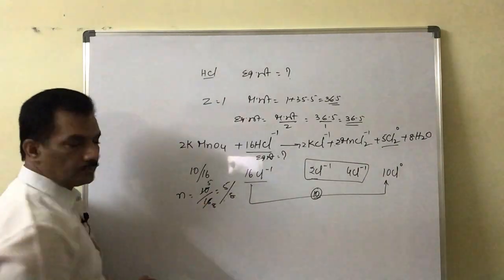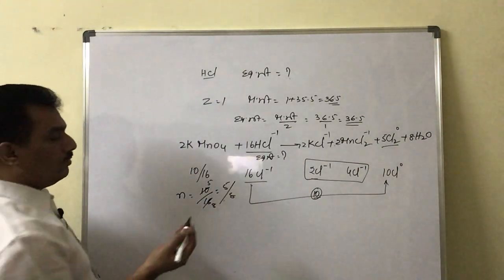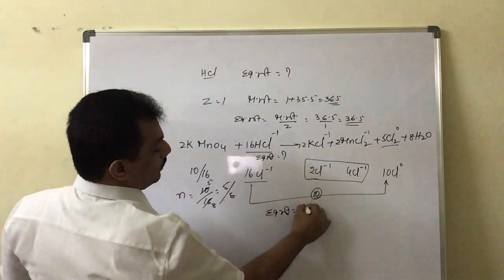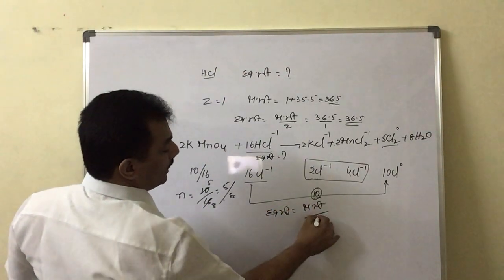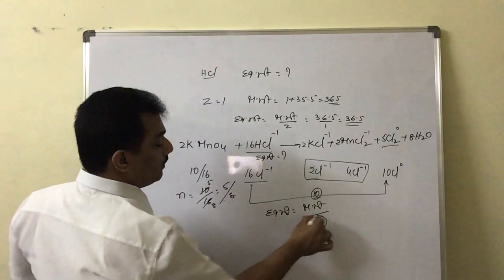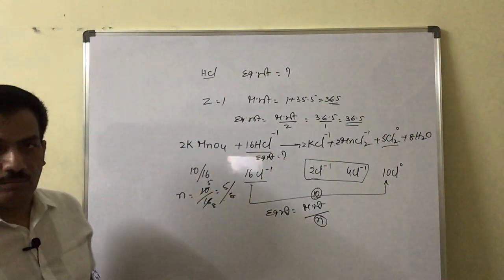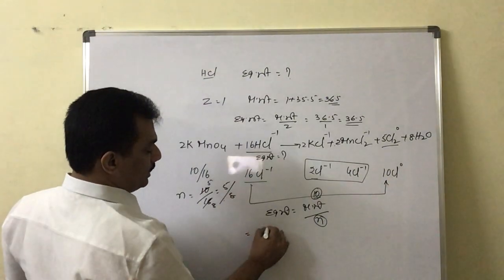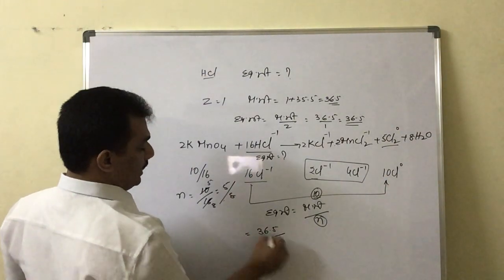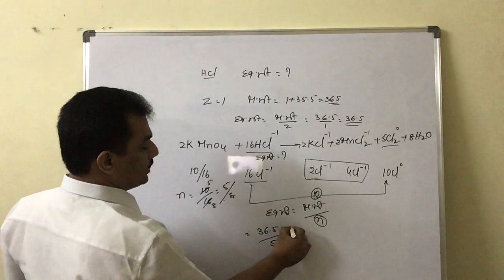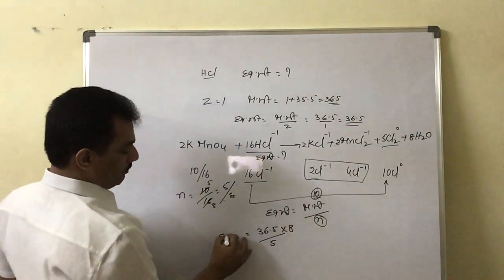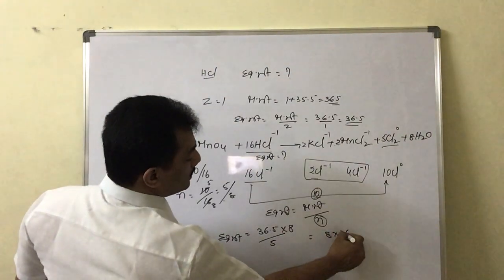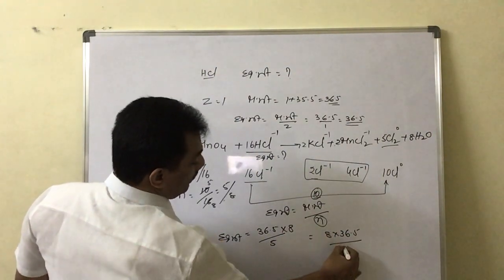Is it not? And now what is the equivalent weight? Equivalent weight is equal to molecular weight by N factor. Why is it N? Because the reaction is given, is it not? And now the molecular weight of HCl is 36.5, and N is 5 by 8, so the equivalent weight of HCl in this reaction is nothing but 8 into 36.5 by 5.